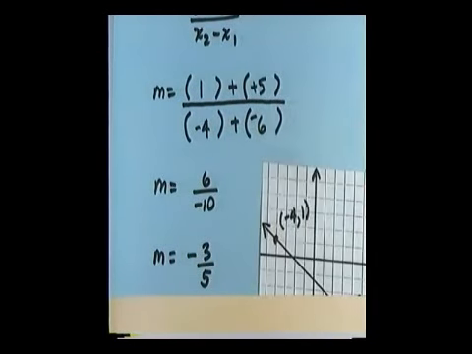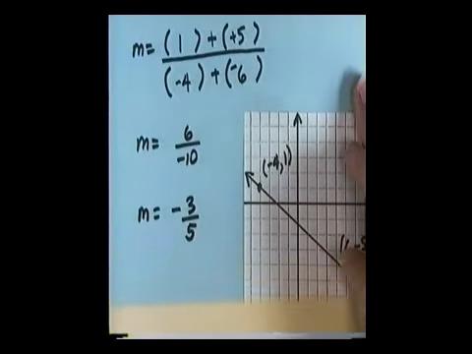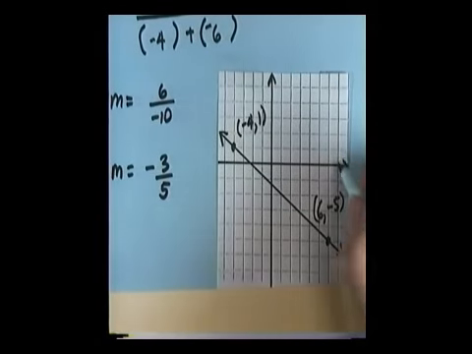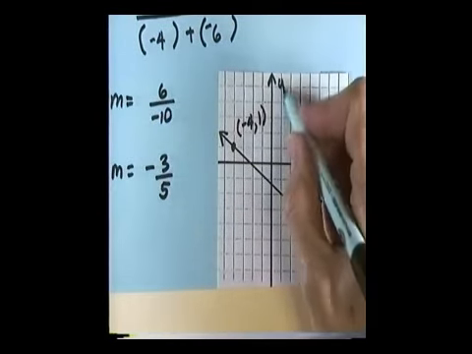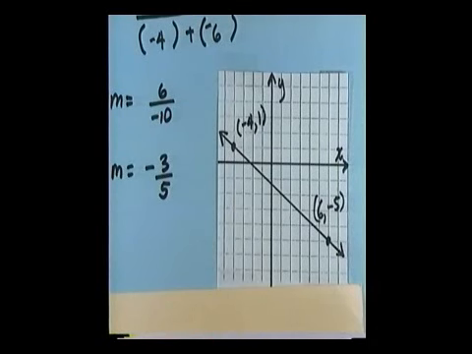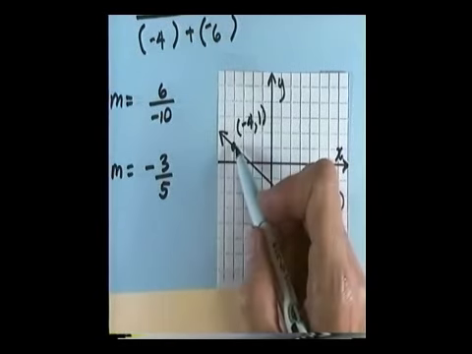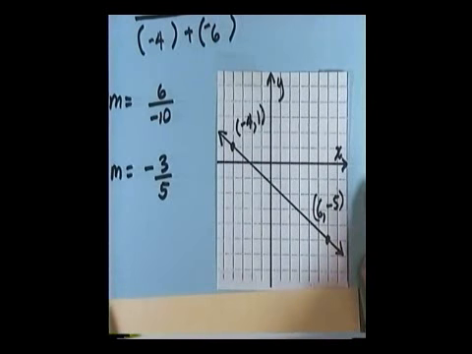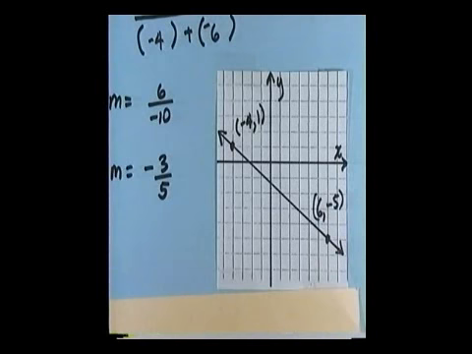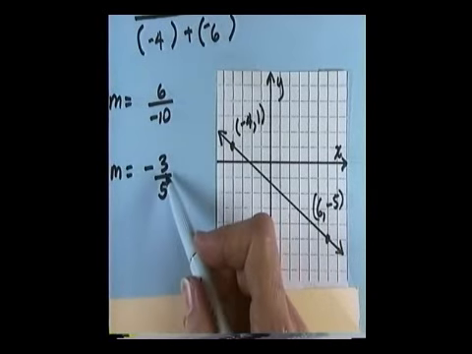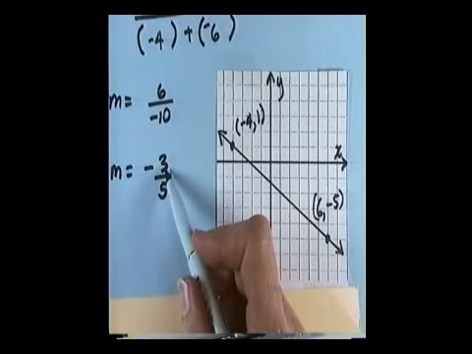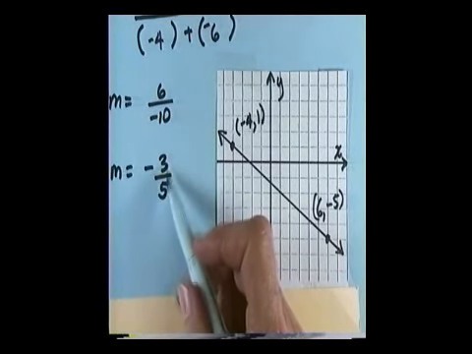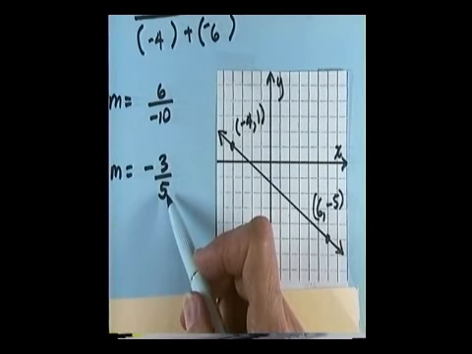I've drawn the graph to the side showing the 2 points and the line that goes through. Here's the x-axis, here's the y-axis, and we have the points (6, -5) and (-4, 1). So this slope value of -3/5 describes the slant of this line. It says a change vertically of -3 goes with a change horizontally of 5: -3 for the vertical change, 5 for the horizontal change.